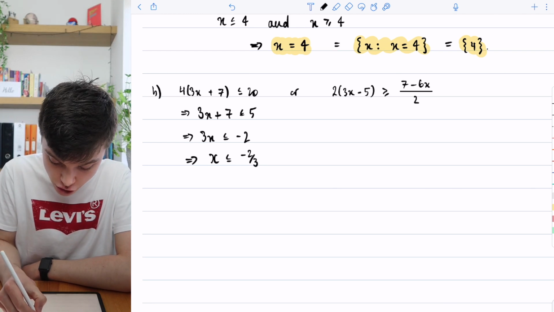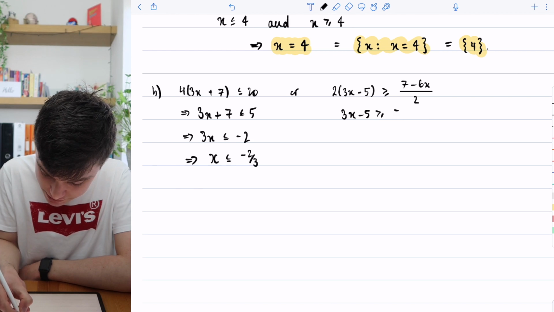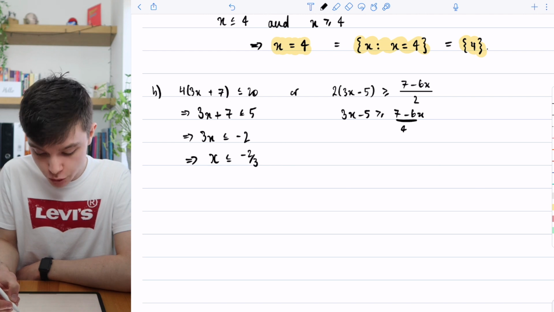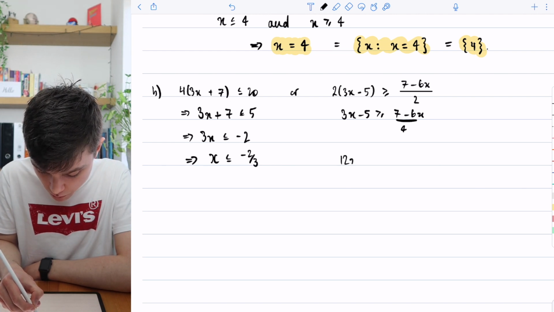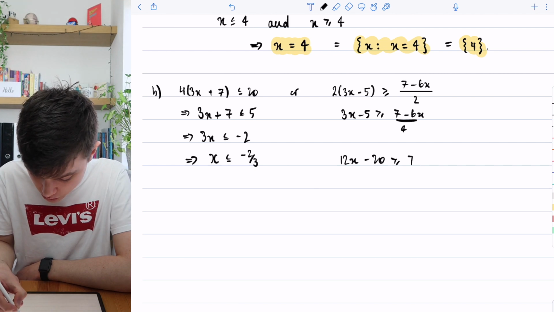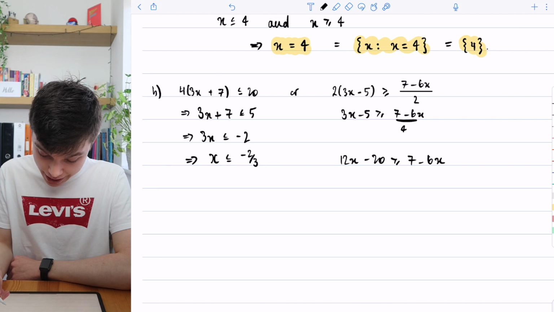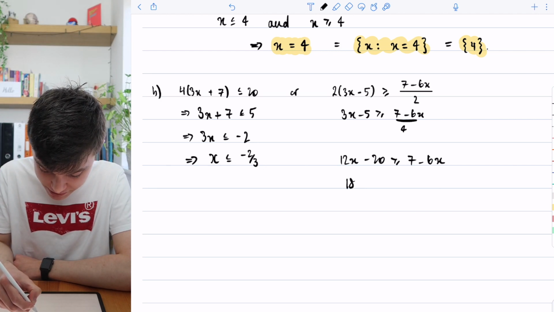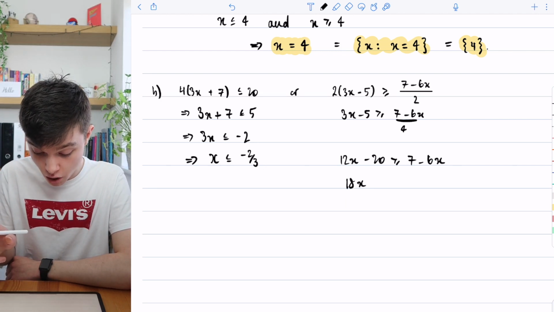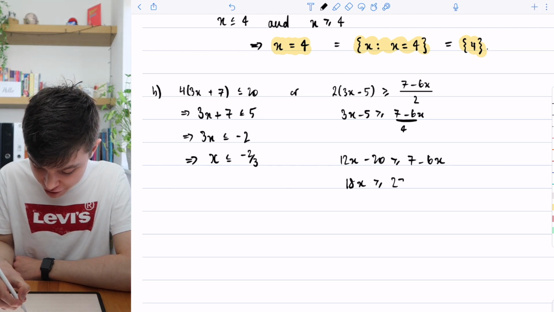I divided by 2 both sides to give me 3x minus 5 is greater than 7 minus 6x over 4. Then multiplied by 4 to give me 12x minus 20 is greater than or equal to 7 minus 6x. Then what I did is I added 6x to both sides, and I can add the 20 to both sides to give me that.